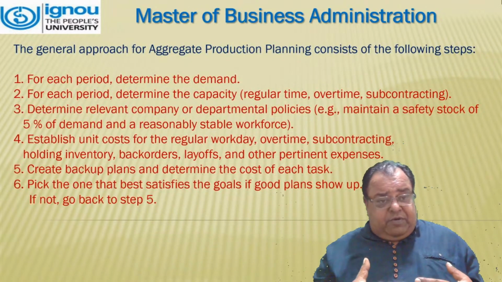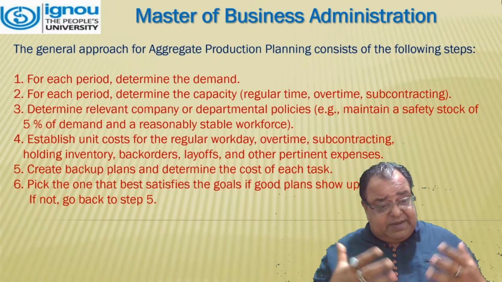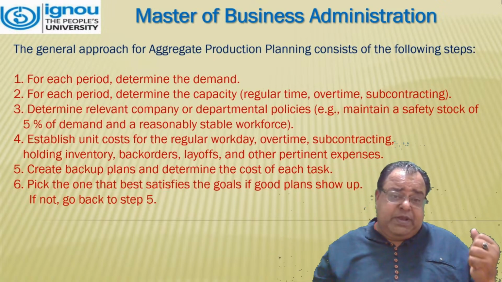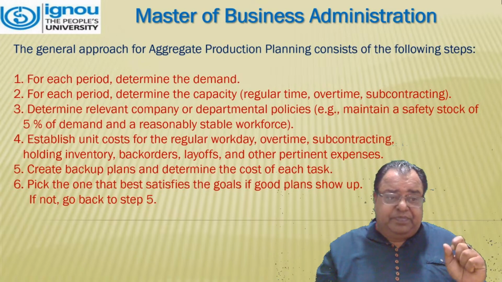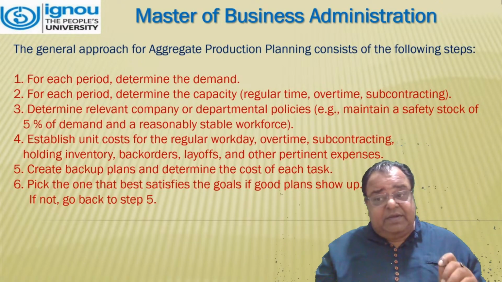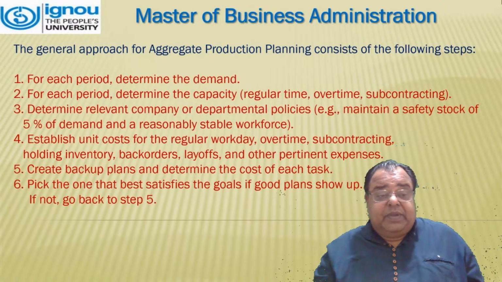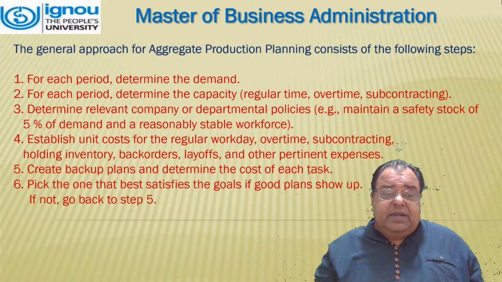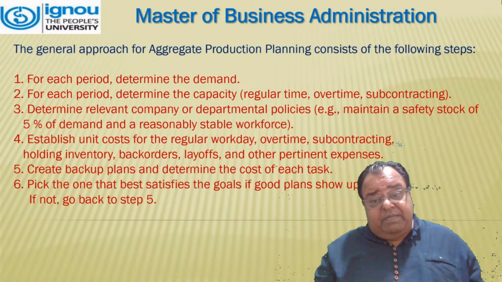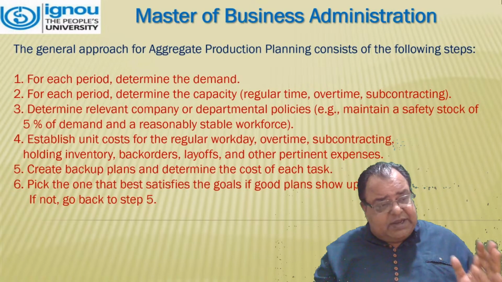The general approach for aggregate production planning consists of the following steps. For each period, determine the demand, and for each period, determine the capacity, which includes regular time, overtime, and contracting. Determine relevant company or departmental policies, that is, maintaining a safety stock of 5% of demand and a reasonably stable workforce.